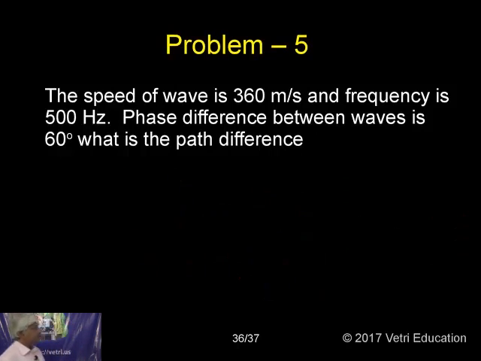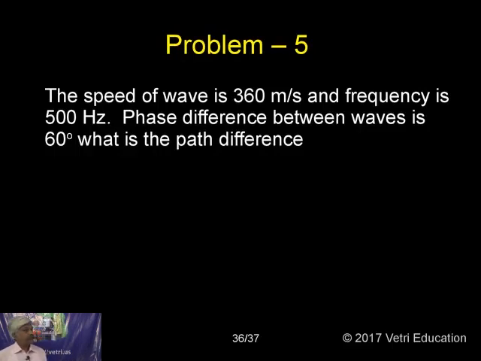So, another problem. The speed of wave is 360 meter per second and the frequency is 500 Hz. The phase difference between the waves is 60 degree. What is the path difference? If you are thorough in all the classes, that is also very easy for 12th standard.